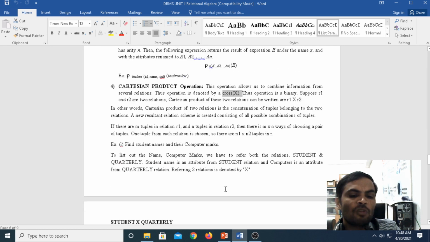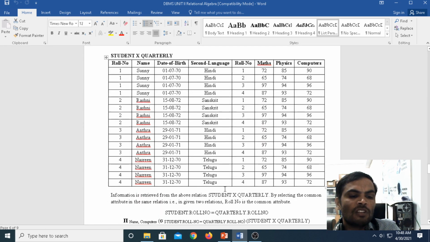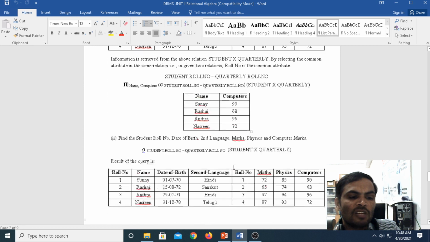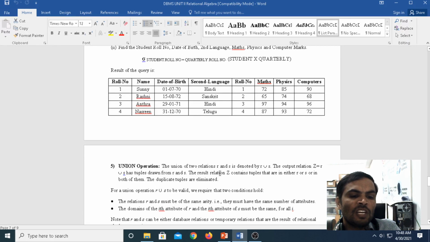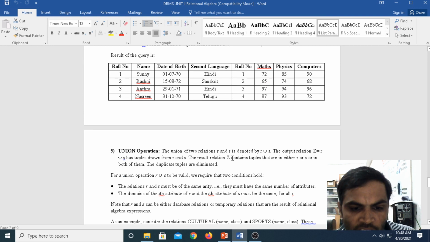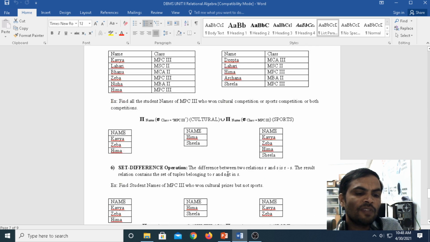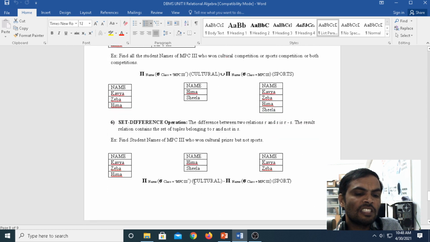We use the Cartesian product between two tables for retrieving multiple columns. Next, the union is represented with the U symbol, denoted as R union S. Then the set difference is represented with the minus symbol.